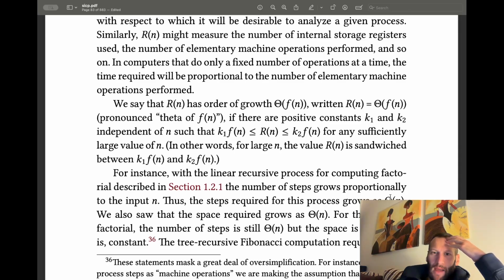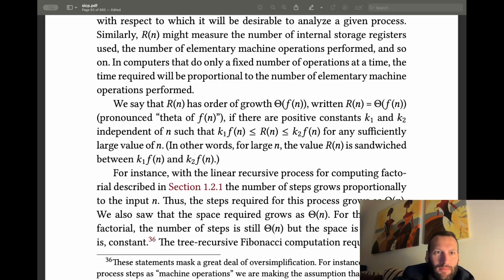I don't remember. I will check later. No, let me check now. Yes, it is theta. Yes, theta.